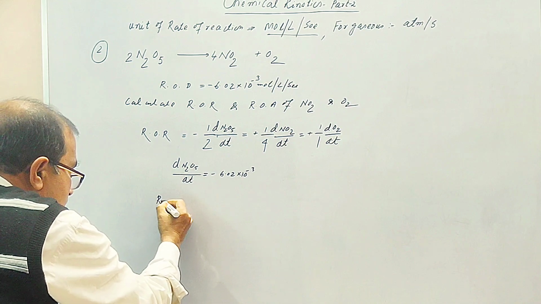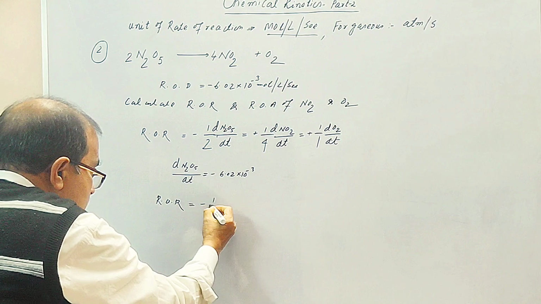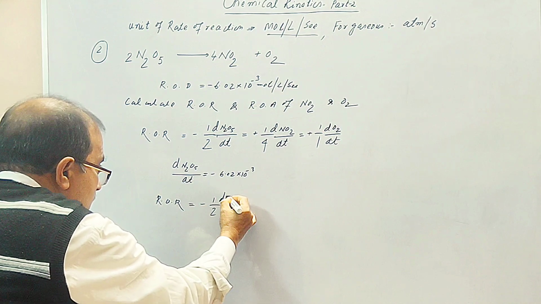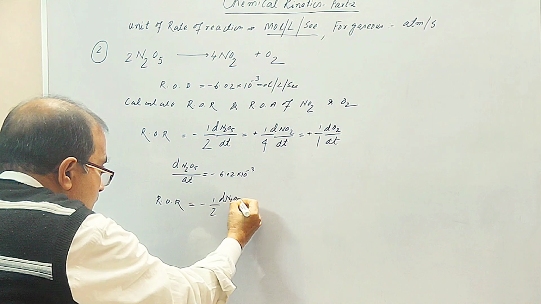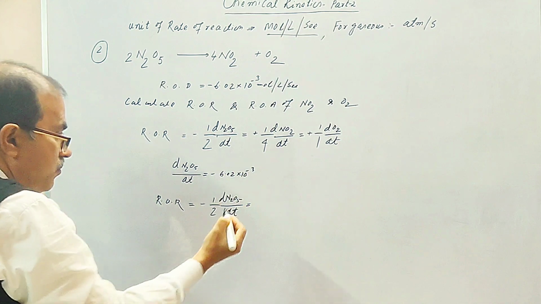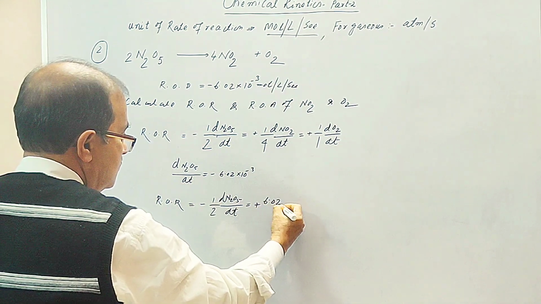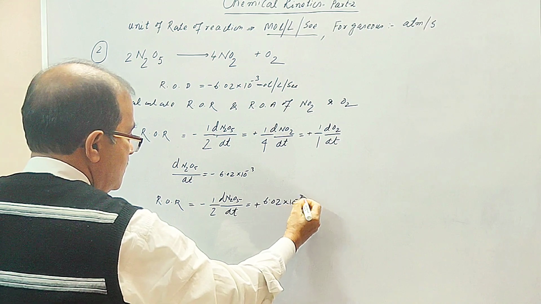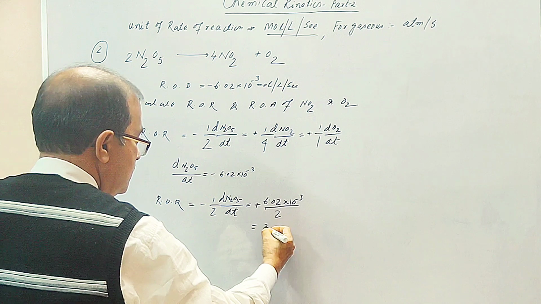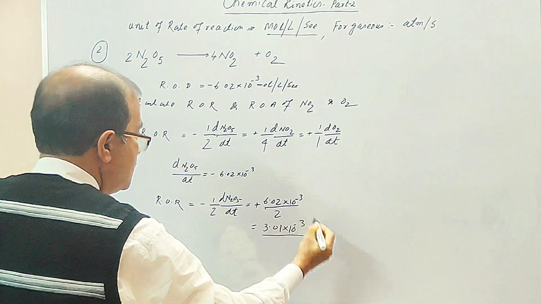So rate of reaction will be ROR equals minus half into d of N2O5 by dt. So we put the value here and it will be plus 6 10 to the power minus 3 by half, and it will give 3.01 10 to the power minus 3.